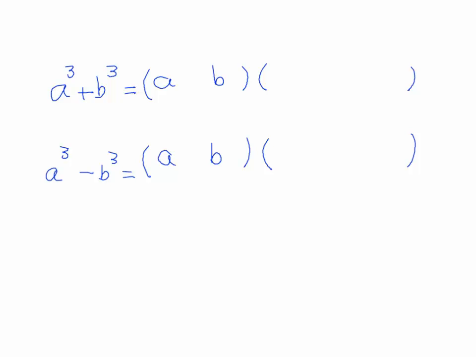In the second parenthesis, the first term would always be a², the middle term would always be the product of these two terms, ab, and the last term would be b². Now for the sign, if we have a sum of cubes, the first parenthesis would be a + b. If you have a difference of cubes, the first parenthesis would be a − b.